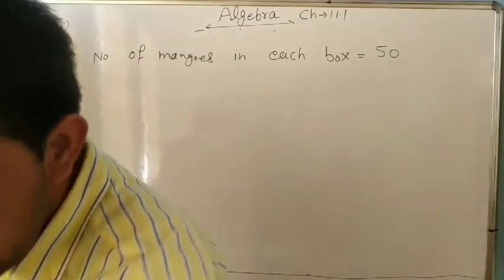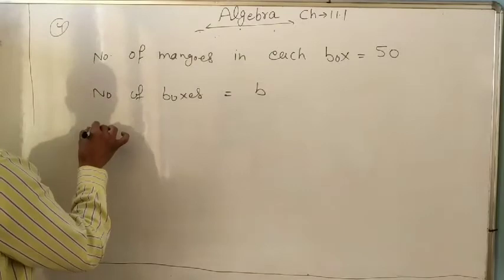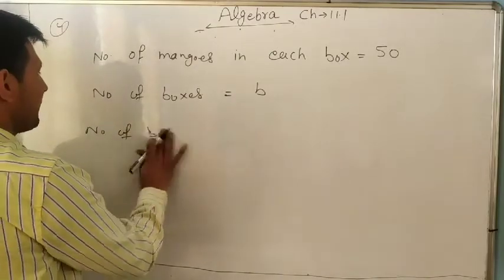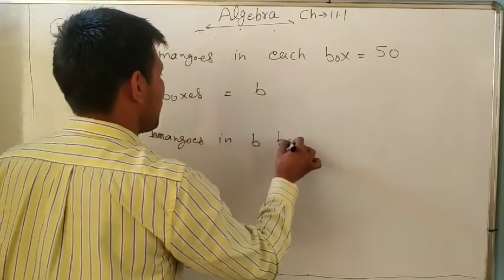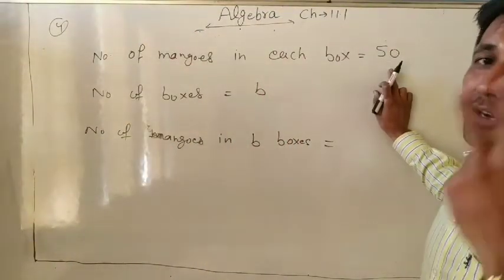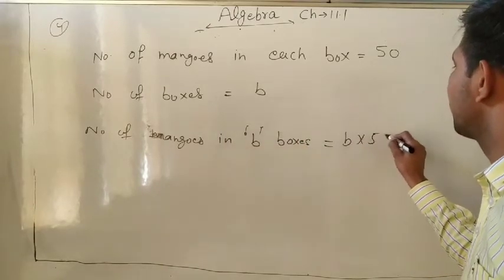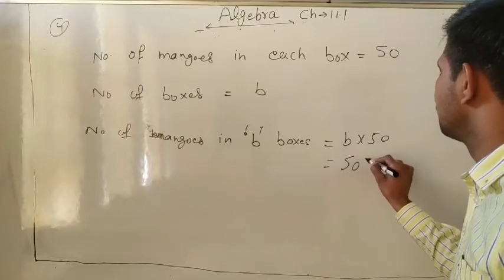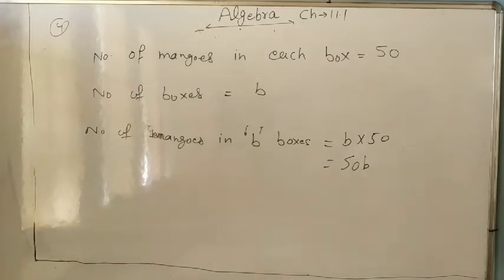Use B for the number of boxes. So write the number of mangoes in B boxes. In one box 50 mangoes, in two boxes 2 into 50, in B boxes B into 50, so 50 into B. The total number of mangoes is 50B.